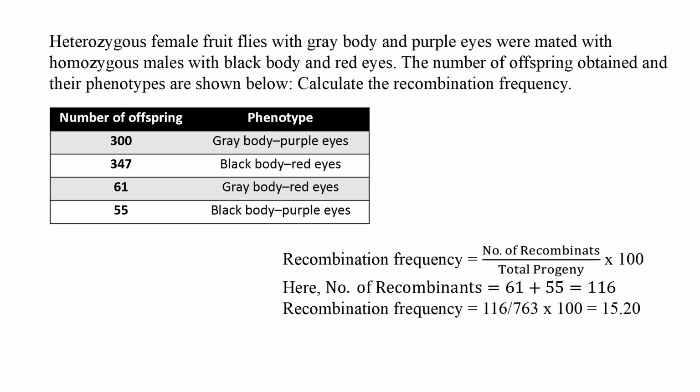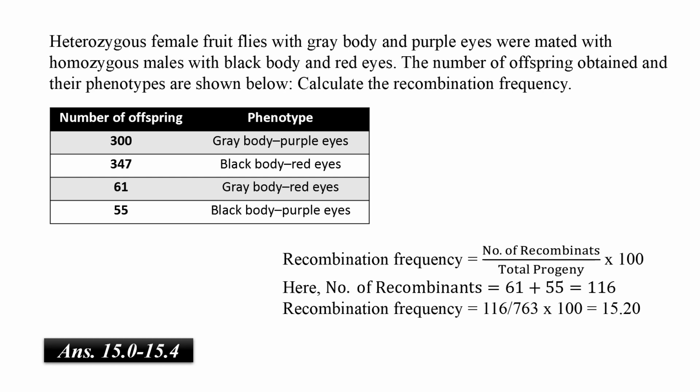The number of recombinants is 61 plus 55, that is 116, and the total progeny comes out to be 763. So recombination frequency is 116 divided by 763 into 100, that is 15.20. The answer could be anything between 15.0 to 15.4 as per the answer key. So 15.20 is the absolutely correct answer.